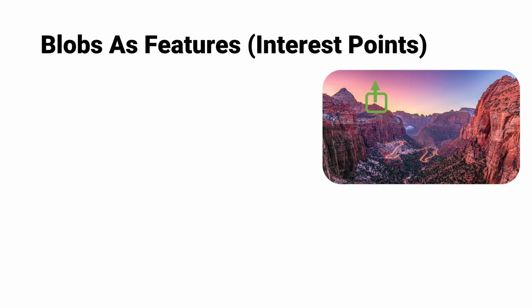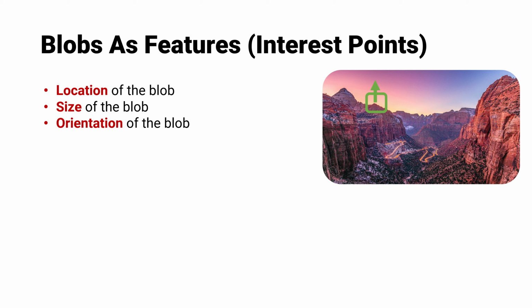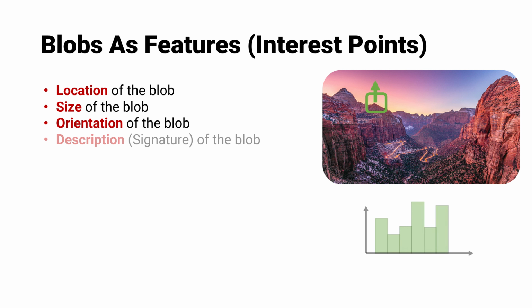So in blobs as features, these are the things we encode: the location of the blob, which is the center of that square or circle, the size of the blob, which is how big the square or the circle is, the orientation, which is the dominant orientation, and then the description or the signature of the blob, which we will encode as a histogram.